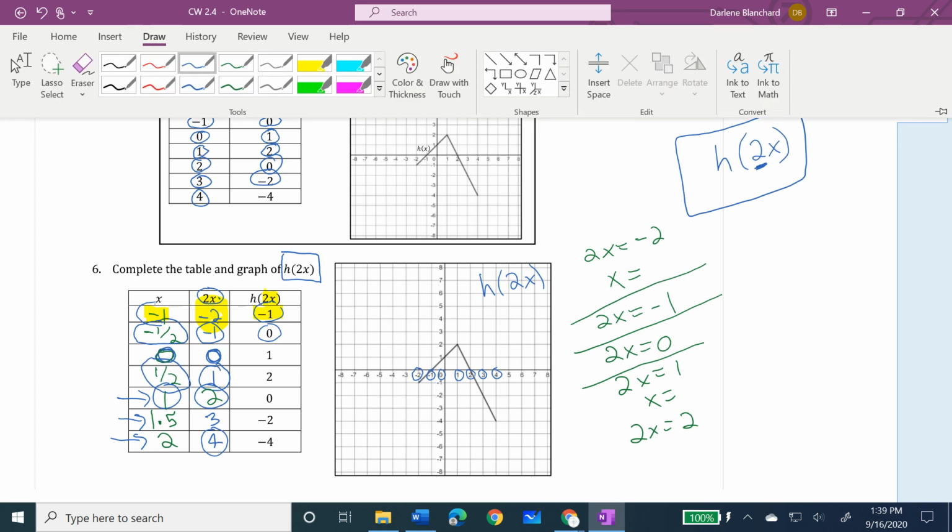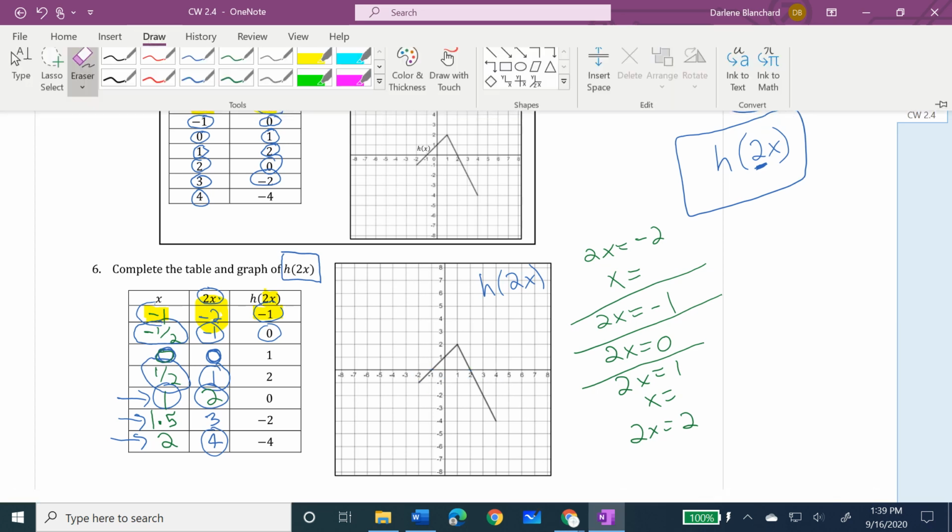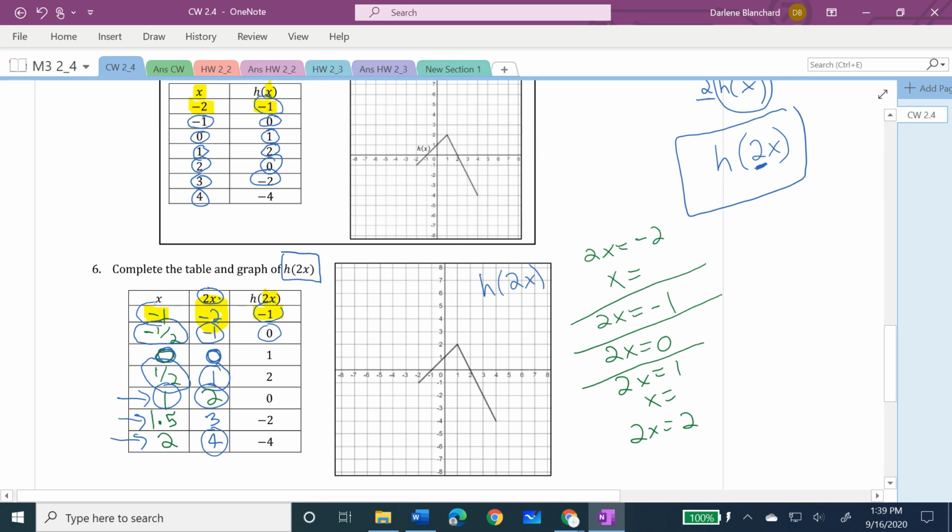I need to erase so you can see better. So x being -2 has y value -1. I'm going to divide the x equals -2 by 2, and that will tell me how that point got squished horizontally.